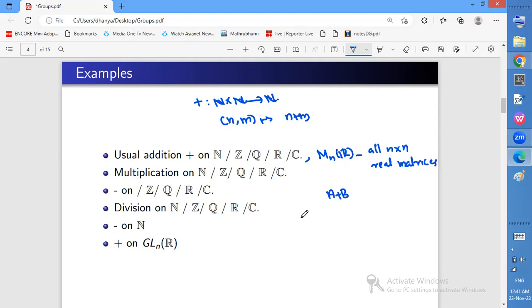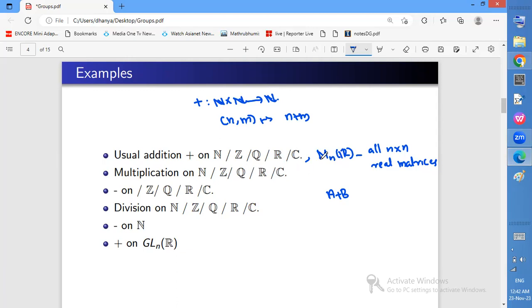So this says that multiplication is a well-defined function from N cross N to N. That means for any pair of natural numbers, the multiplication is defined, it is unique, and it is again in the set N. So this implies multiplication is a binary operation on the set of natural numbers. By a similar argument, we can say that it is a binary operation on Z, Q, R, and C.